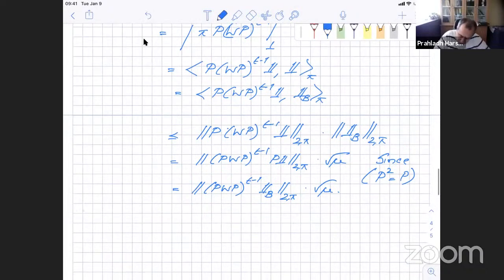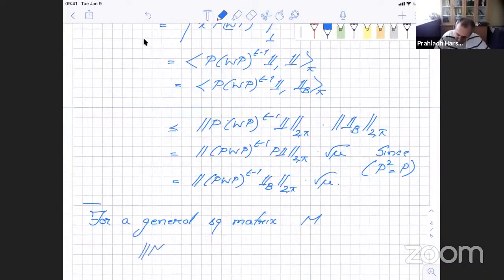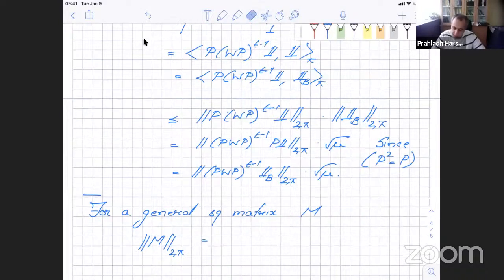So for a general square matrix M, I'm going to define the norm of a matrix. So far, we have only defined the norm of a vector. I'm going to define it as the maximum: look at how much it can stretch any vector. Take the maximum over all x of the 2 pi norm of Mx divided by the 2 pi norm of x.